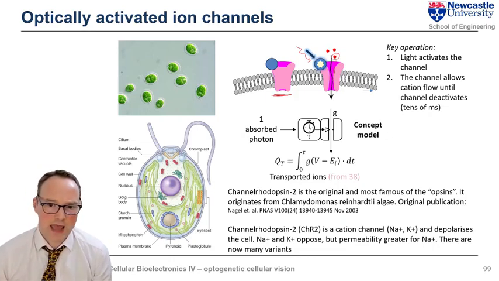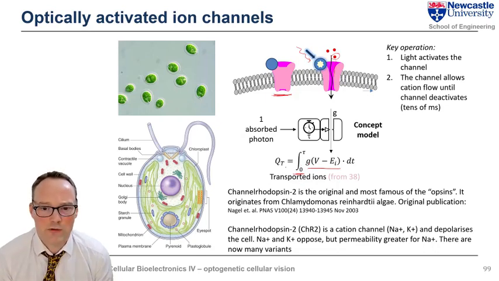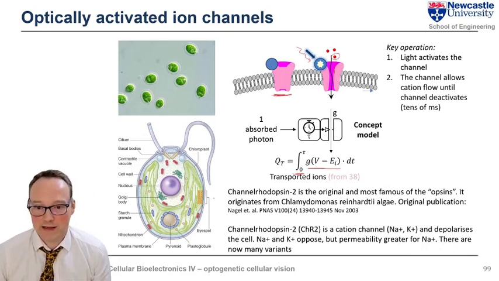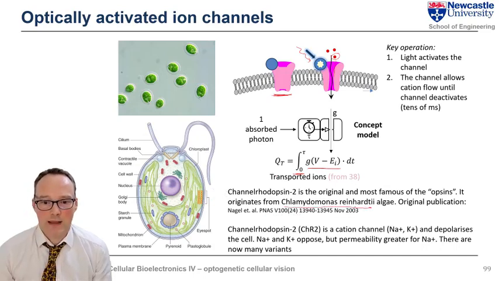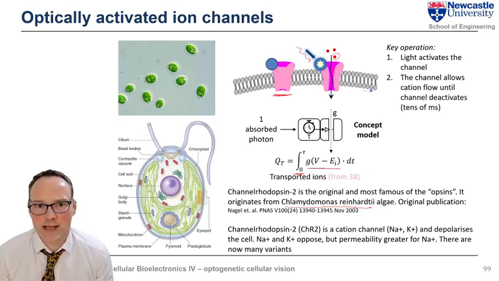So the conceptual equation of transported ions is very much that Hodgkin-Huxley type relation: the conductance of the channel, the voltage difference, and the time integral. And these exist in small algae called Chlamydomonas reinhardtii. The discovery of this particular channel was the basis for the optogenetic revolution.